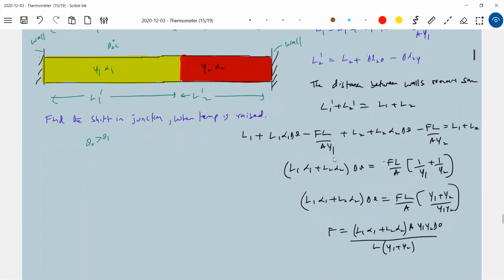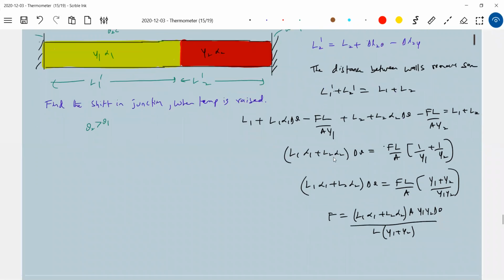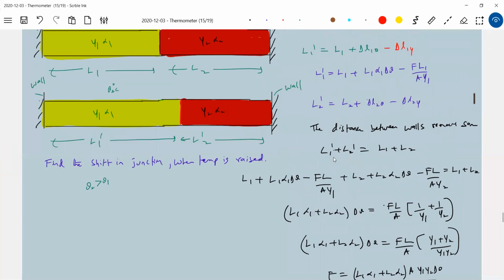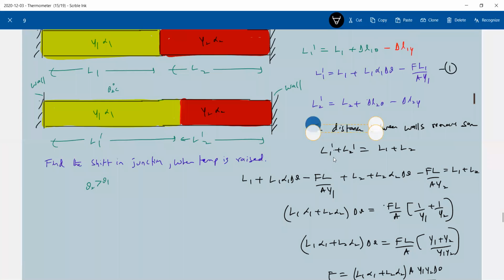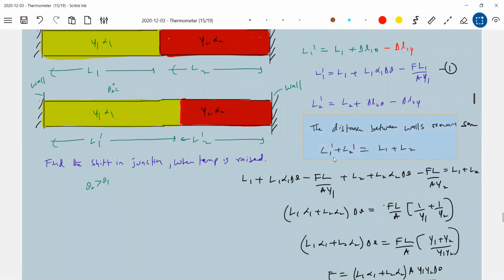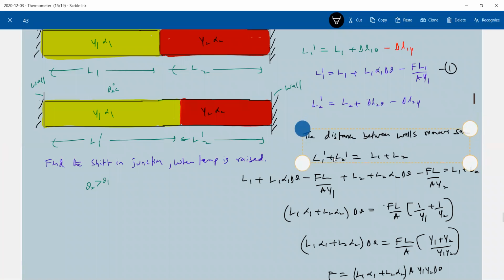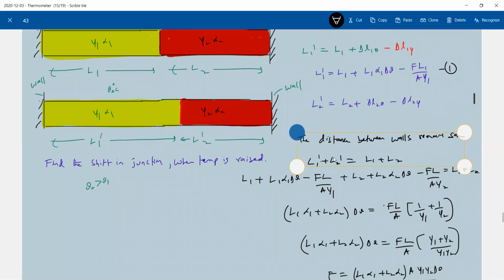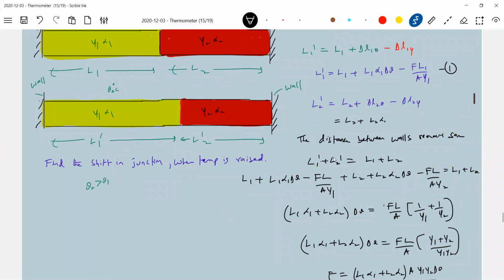Let me write this equation 1. Oh, I didn't write for this, no? Just wait, I write one more equation. This one is missing. Yeah, this is equation 2.